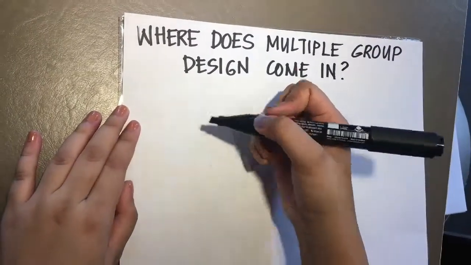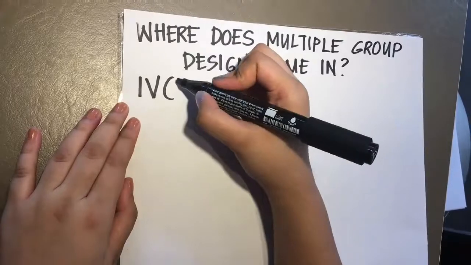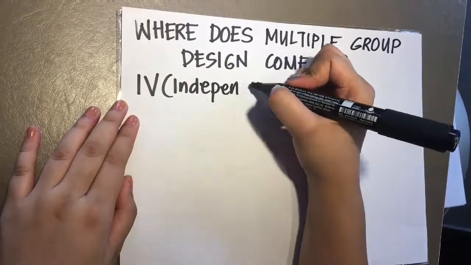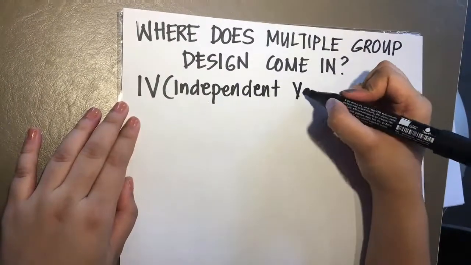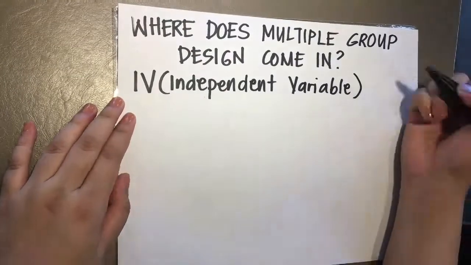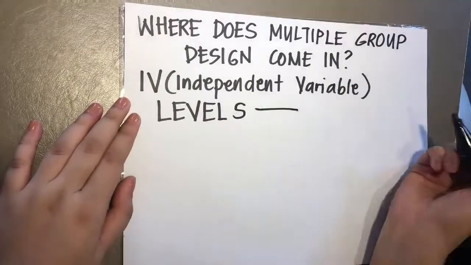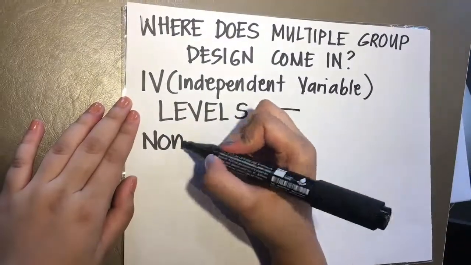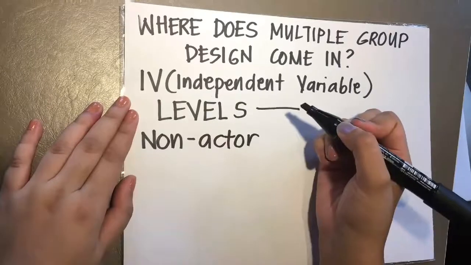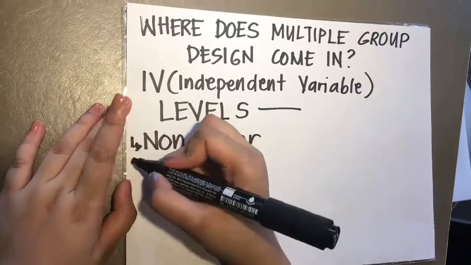In Clara's situation, the IV or independent variables have levels, in which the IV is the person who will be promoting the product. The levels of the IV are as follows. The first level is the non-actor.